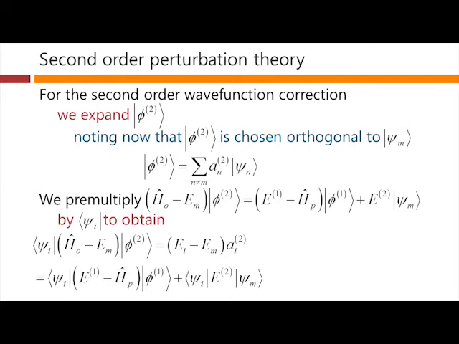Pre-multiplying on the right-hand side by psi I, so we put psi I in front of each of these two terms. Well, for the first one here, the E1 part, we have ⟨psi I| E1 |phi 1⟩. Well, that is E1 times ⟨psi I|phi 1⟩, and that is just E1 ai1, because ⟨psi I|phi 1⟩ is ai1.